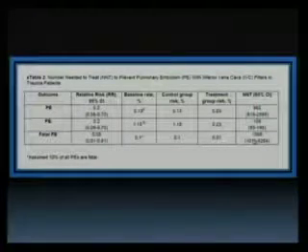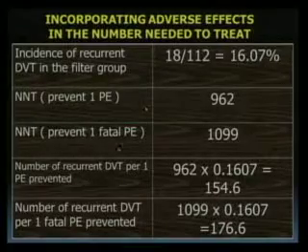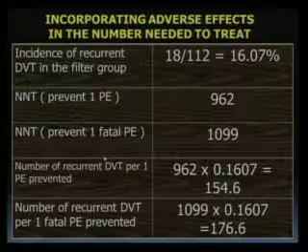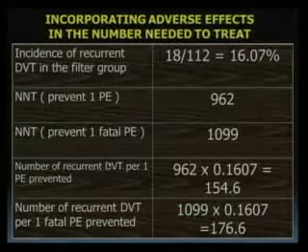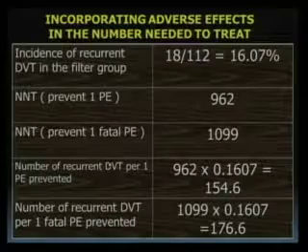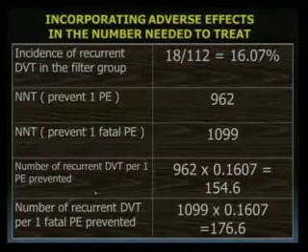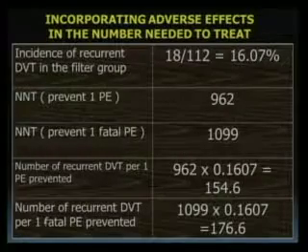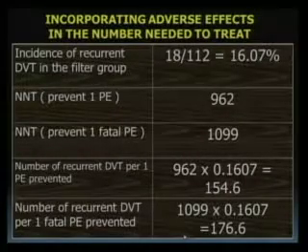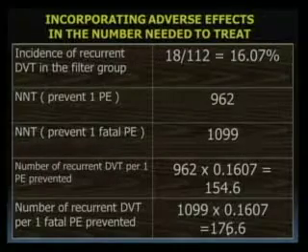When we do a computation based on this, incorporating DVT, you come up with this computation. For every pulmonary embolism that you prevent, you would cause DVT in 154 cases. And for 1 fatal PE that you prevent, you would have caused DVT in 177 cases. Still not bad.